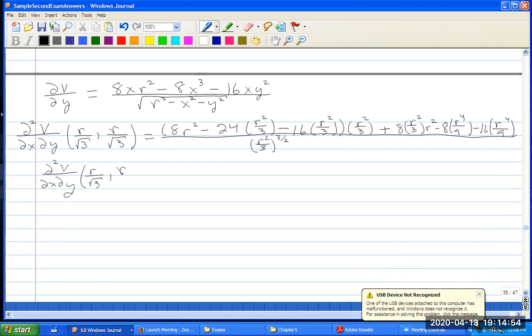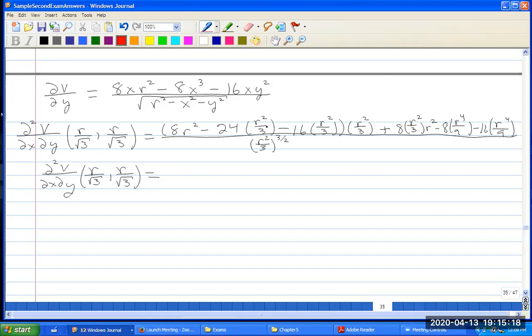I'm evaluating here at the critical number. Okay, so you get here that these are both 8r squared, so these cancel. So you get, and this is r to the 4th for 9. Okay, so those don't cancel.